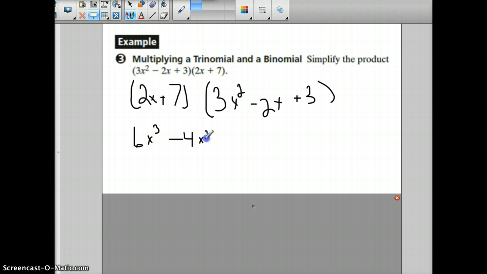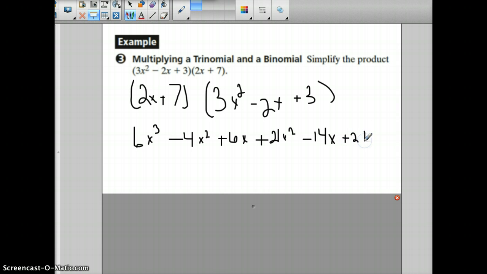And then I take the 2x and multiply it by the 3, and that gives me plus 6x. Then I need to take the 7 and multiply it by every term in the trinomial. So 7 times 3x squared gives me 21x squared. And then 7 times minus 2x gives me minus 14x. And then 7 times 3 gives me a plus 21.